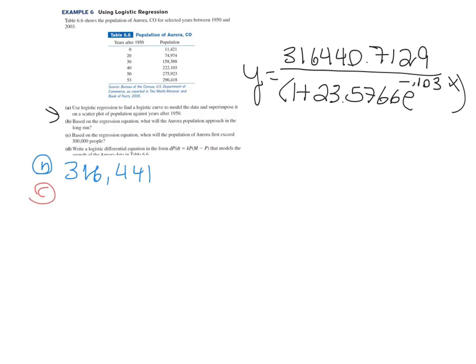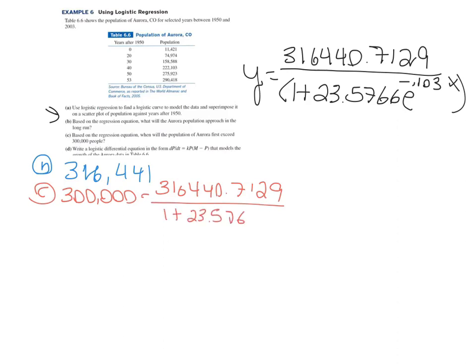Okay. For C, based on the regression equation, when will the population of Aurora first exceed 300,000 people? What you can do is just set your equation equal to 300,000 people, and then right here, all over 1 plus 23.5766 e to the negative 0.103 x.